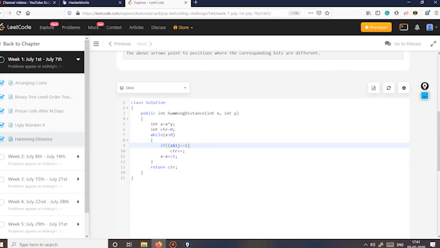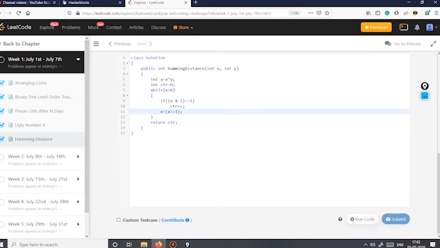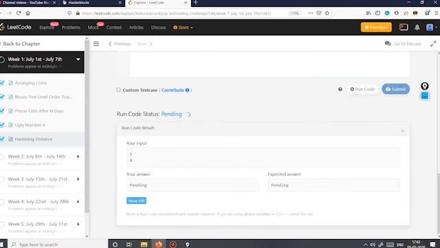Counter equal to 0, while x greater than 0, if x AND 1 is equal to 1, counter plus plus and x is equal to x right shift 1. We'll try to put a bracket here and see if this works out well.